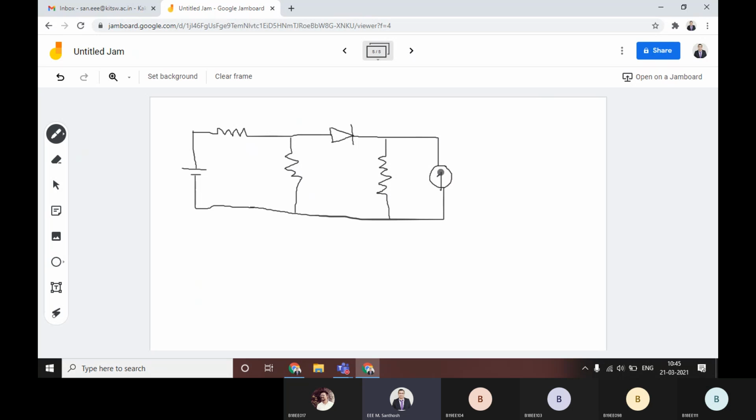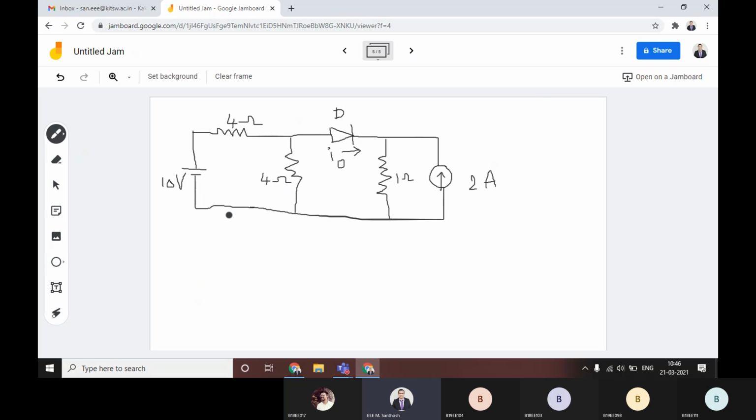This current source is 2 ampere and this one is a diode. Diode current is ID, which is flowing this side. Okay, this resistance is 1 ohm and this one is 4 ohm and this resistance also 4 ohm and the voltage we are applying is 10 volts.